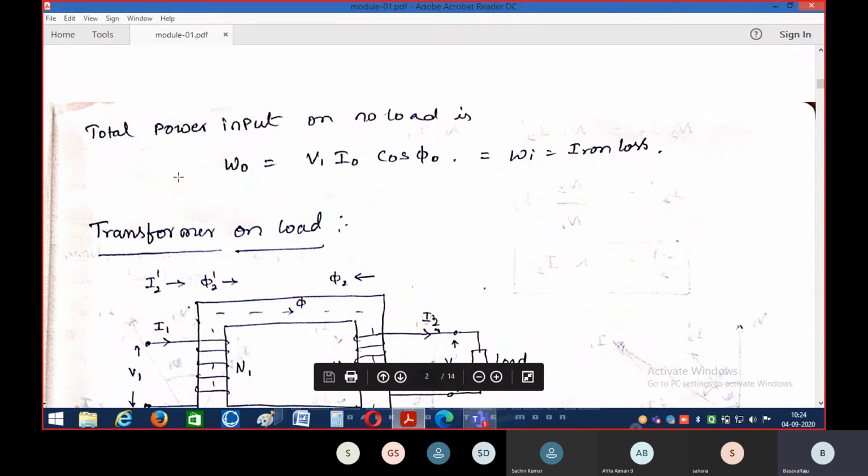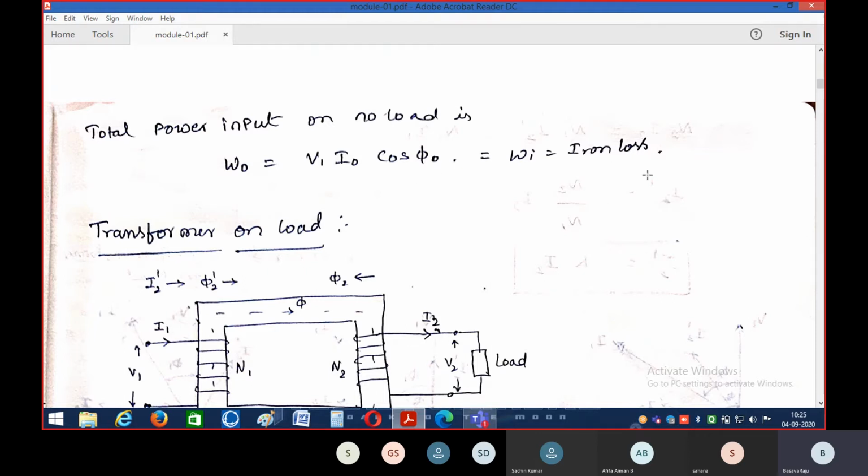As we just discussed, during the no load condition the total power the transformer takes is only to supply the no load power losses. What losses take place during no load? Iron loss, and a small amount of copper loss. If you neglect the no load copper loss, the total power the transformer takes during the no load condition is only to supply the iron losses.